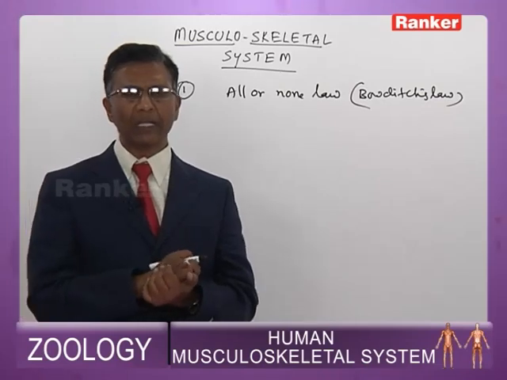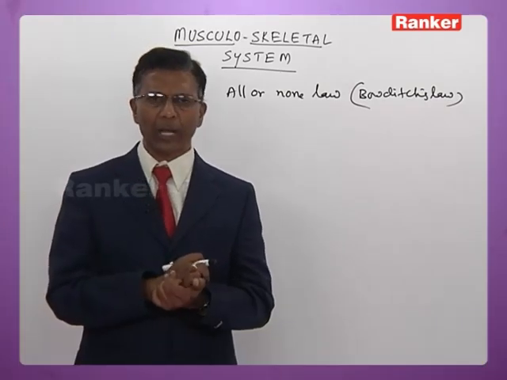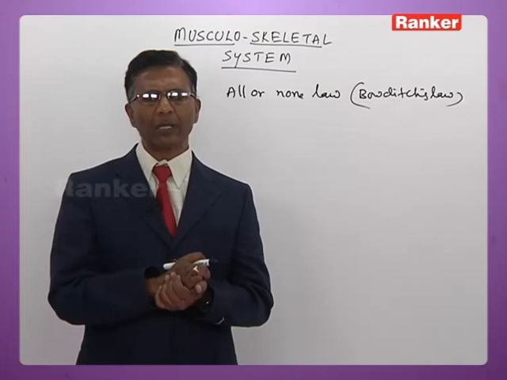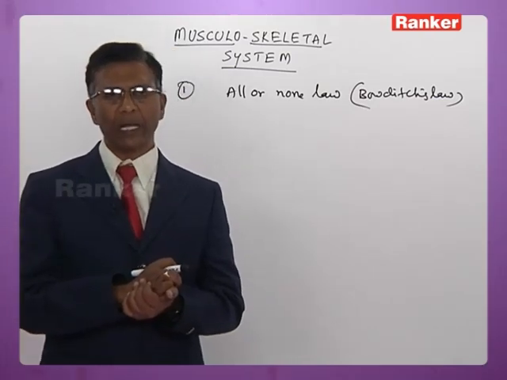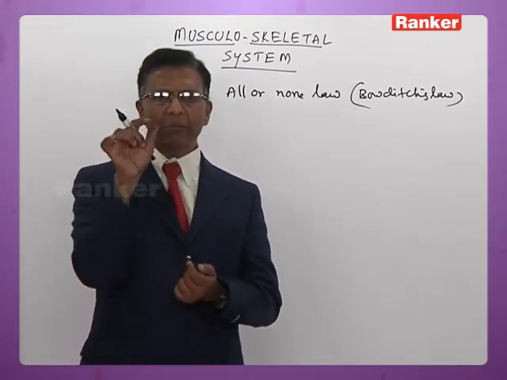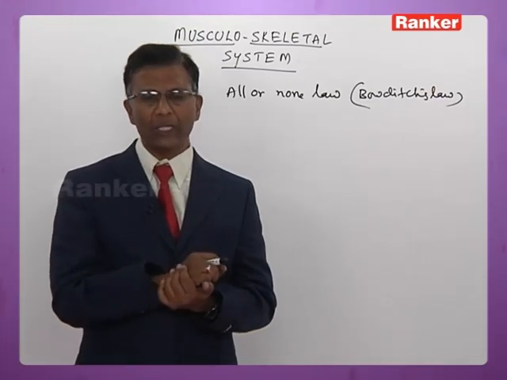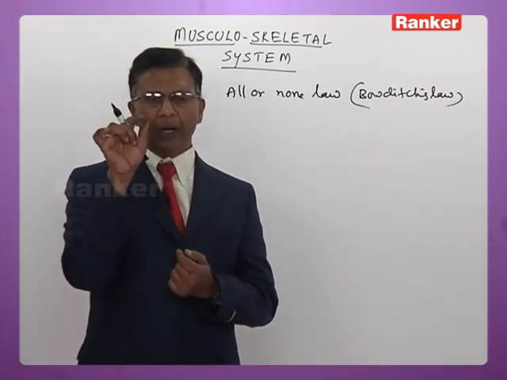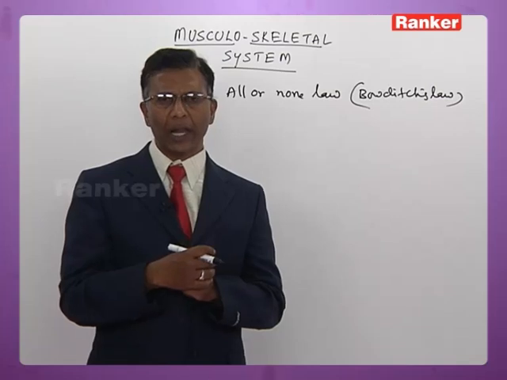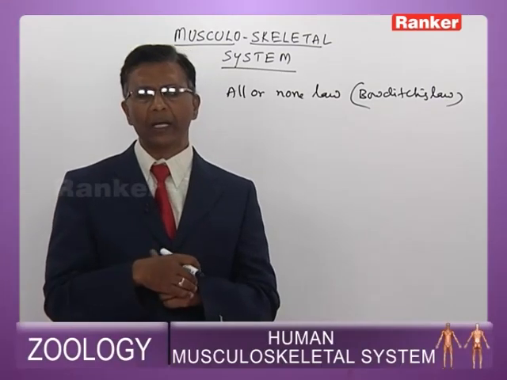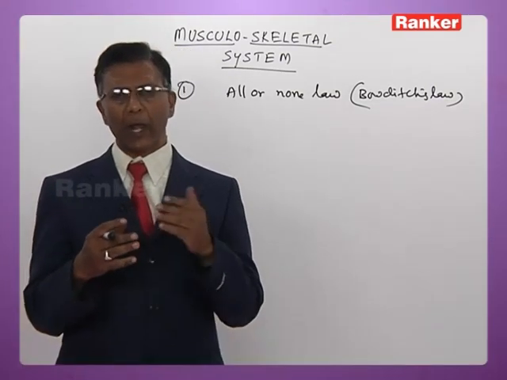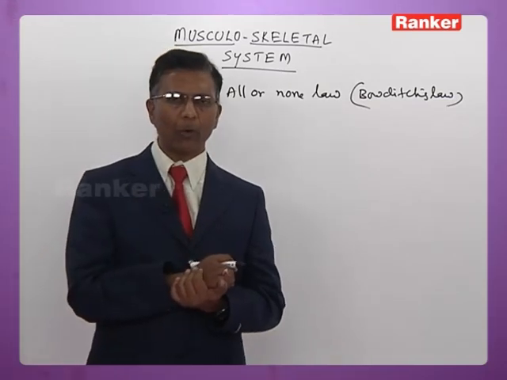In case of skeletal muscle fiber, even if it is low threshold, the muscle shows response, because in skeletal muscle the entire muscle does not obey all or none law. Only a bundle of muscle fibers obeys it. You learnt earlier that a bundle of muscle fibers along with the motor neuron is called a motor unit.